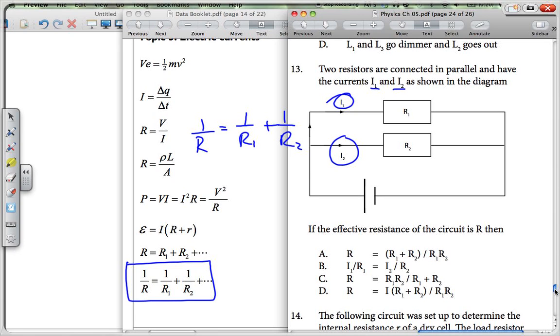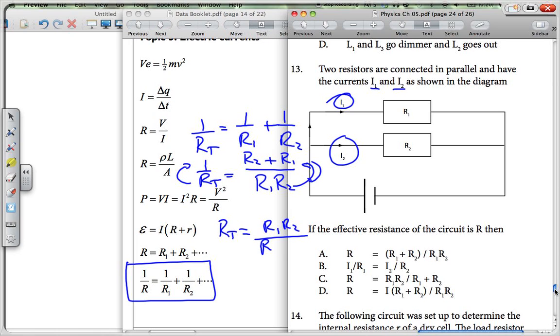Now the way it's written here is simplified. So I'm going to simplify with a common denominator of R1, R2. That will be R2 plus R1 over R1 R2 is equal to 1 over R total. And then I invert both sides. So I'm going to get R total is equal to R1 R2 over R2 plus R1.